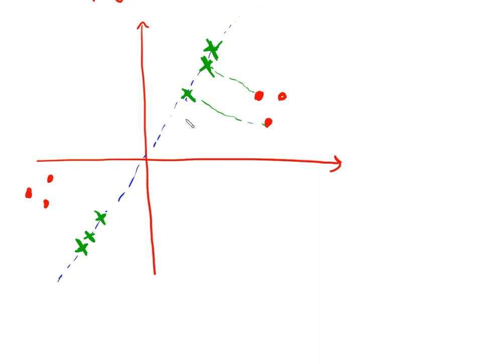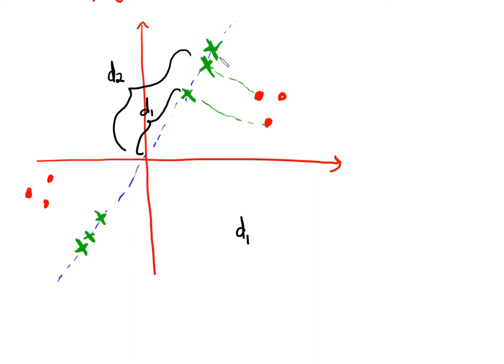What we are trying to do is to maximize the distance of these points from the origin. For this first point here, your distance is this one here, D1. That is your distance from the origin. For the second point, this is your distance, D2.